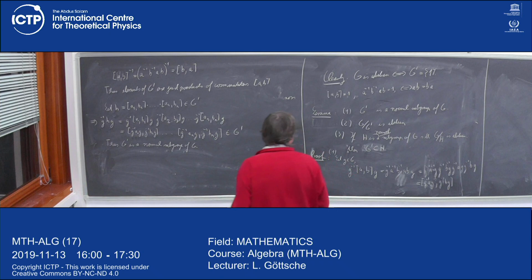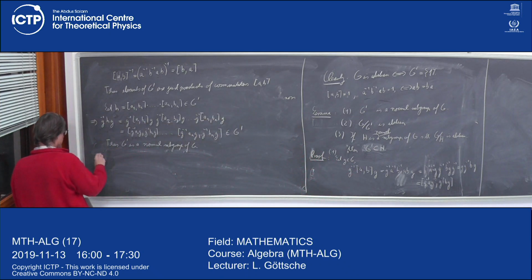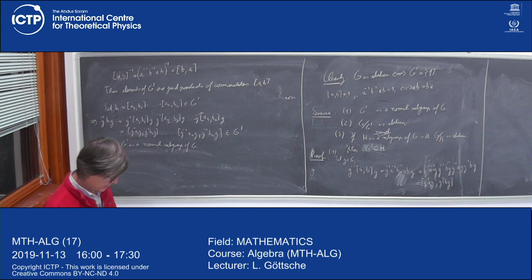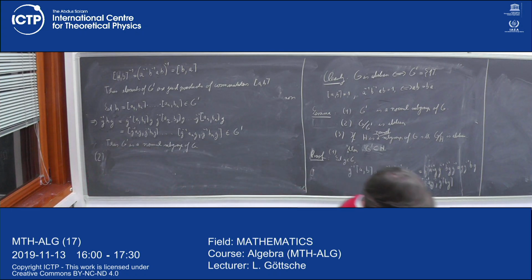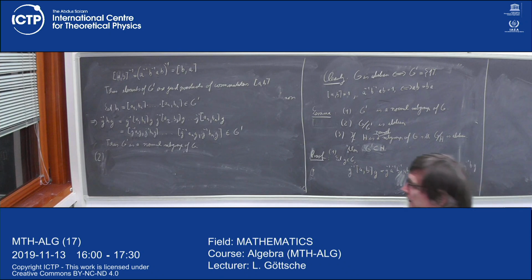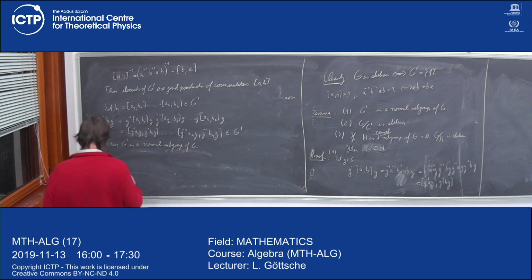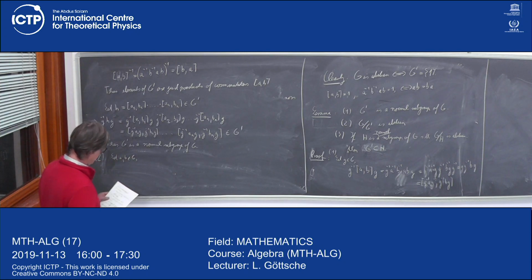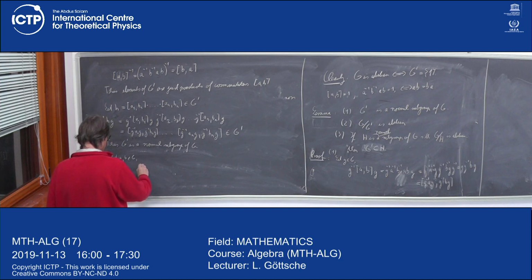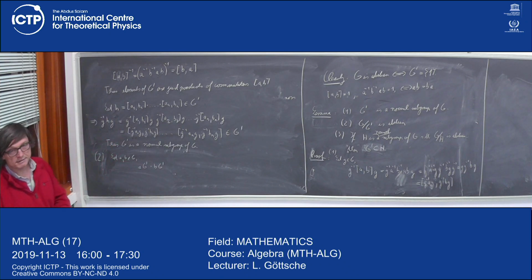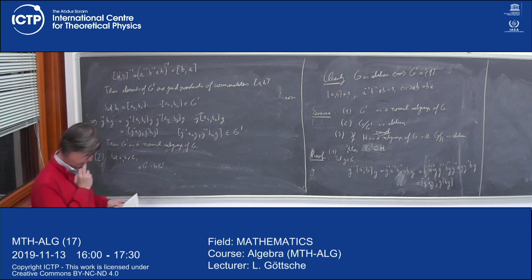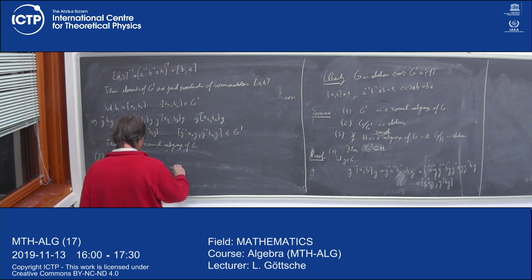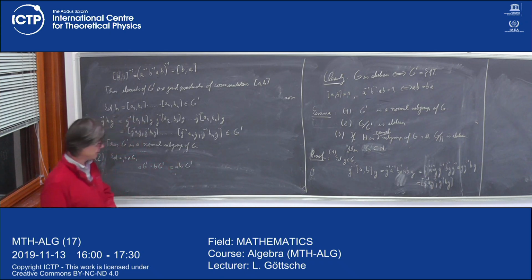Now, the second statement is quite simple. We just have to see that the classes commute. So let's take two elements a, b in G. If I take aG' times bG', we have to see that it's the same as if we do it the other way round. By definition, this is abG'.